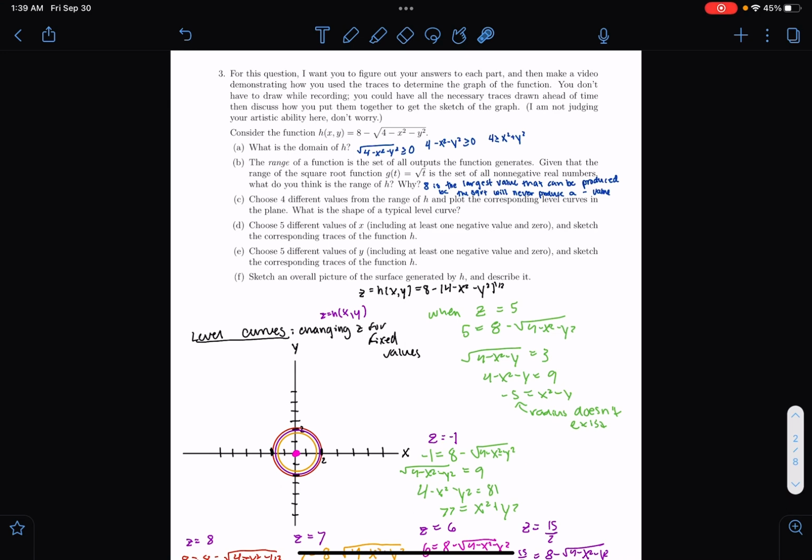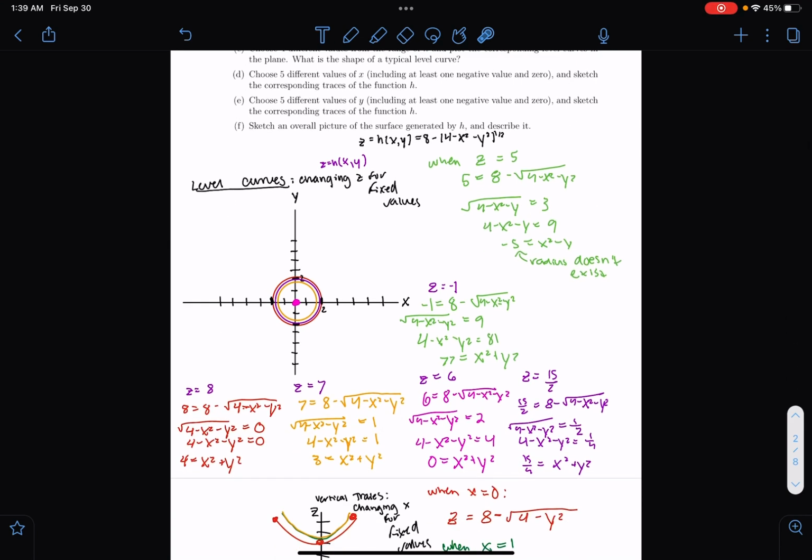So for part C, plotting the level curves and changing z for fixed values, I changed h of x y to z because I had trouble writing it out and kept writing z, so I'm calling it z. Hopefully that's fine.